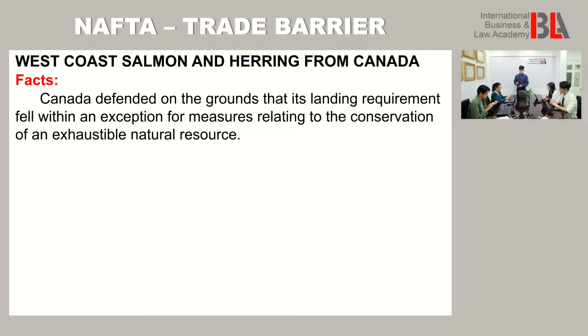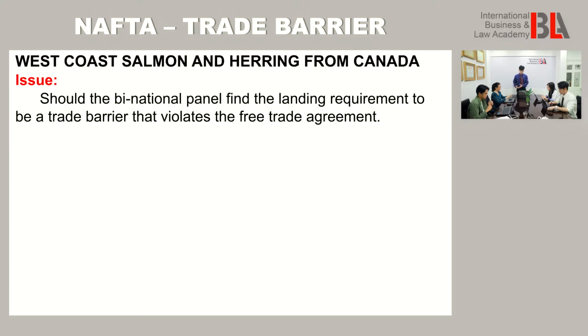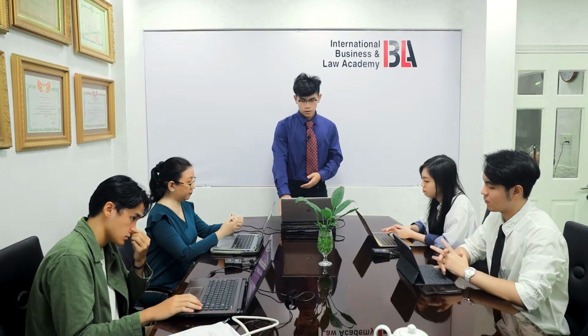Canada defended on the grounds that its landing requirements fell within an exception for measures relating to the conservation of an exhaustible natural resource. So the issue here is, should the binational panel find the landing requirement to be a trade barrier that violates the free trade agreement?